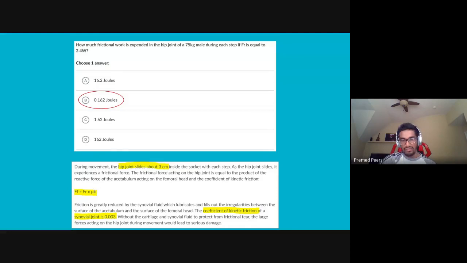And we also have the coefficient here as 0.003. However, we also have to consider that 2.4 watts is a measure of power and not a measure of force. So we have to convert that back. And to do that, we have to multiply by 750. 1 second.